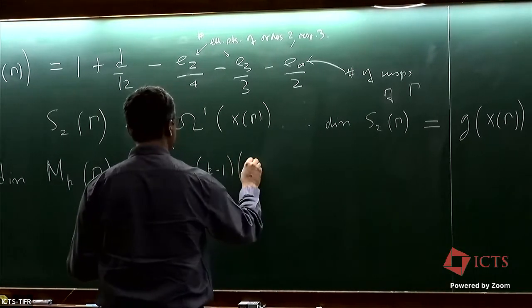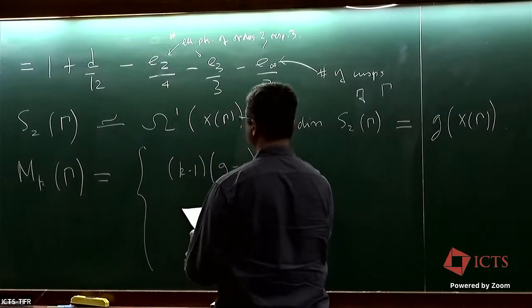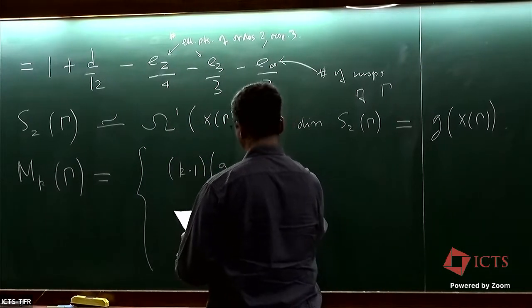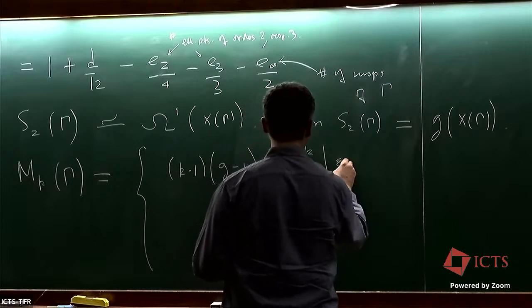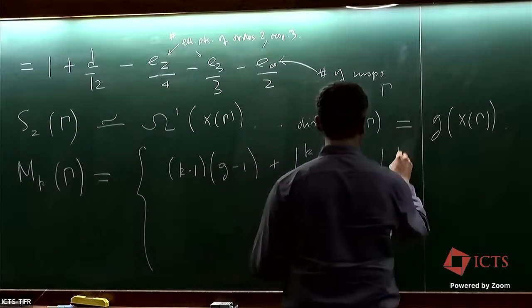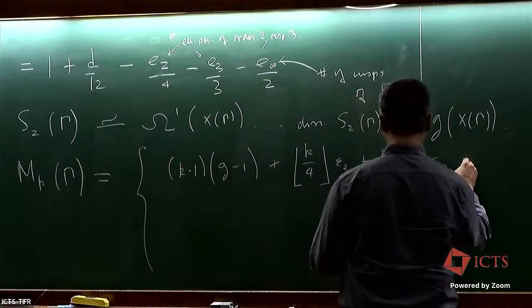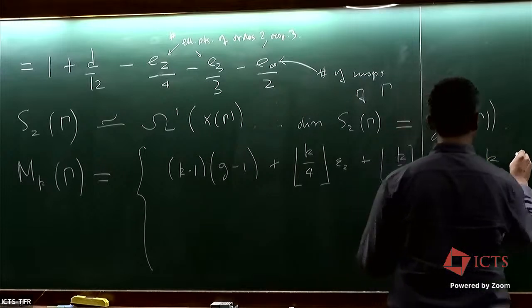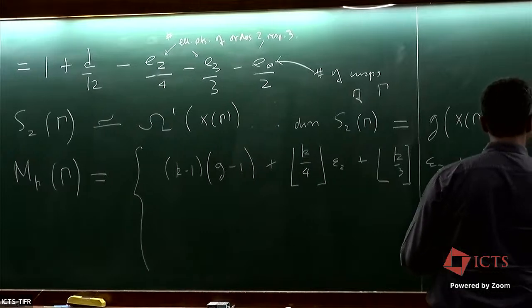So k minus 1 times g minus 1, where g is the genus of the underlying modular curve for weight 2, plus floor of k over 4 times epsilon 2, plus floor of k over 3 times epsilon 3, plus k over 2 times epsilon infinity, for k greater than or equal to 2 even.